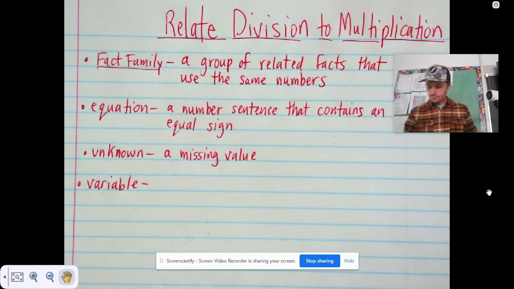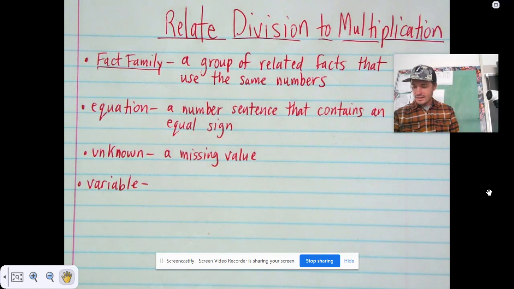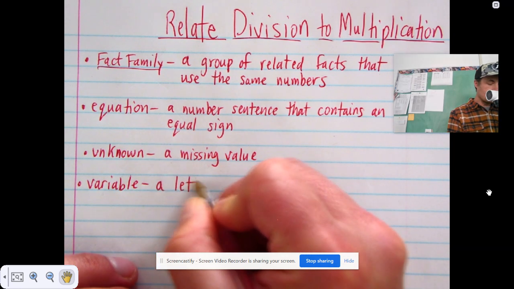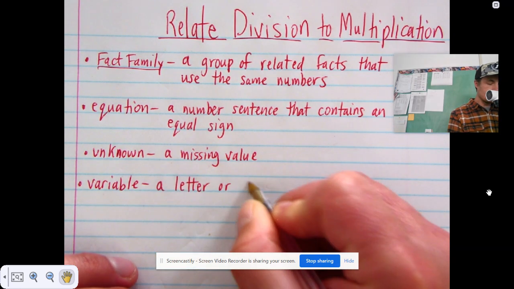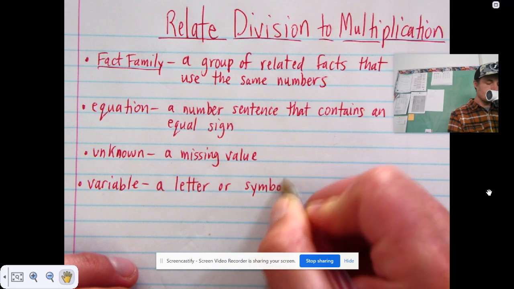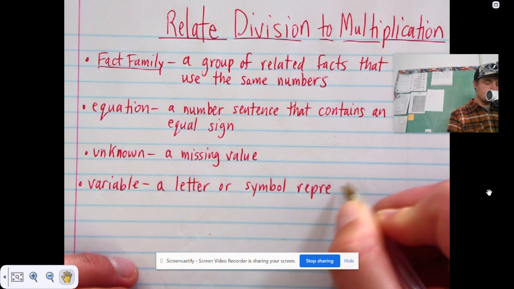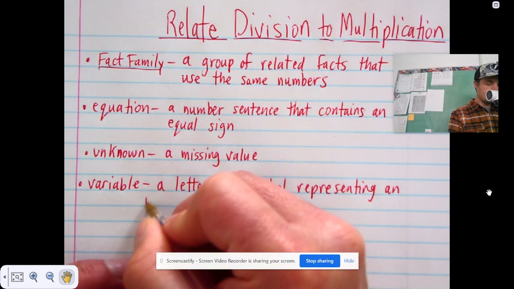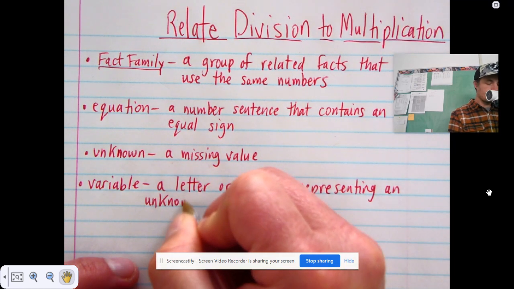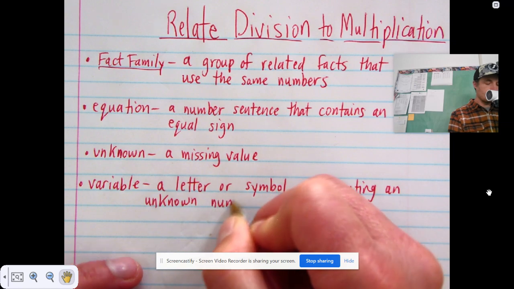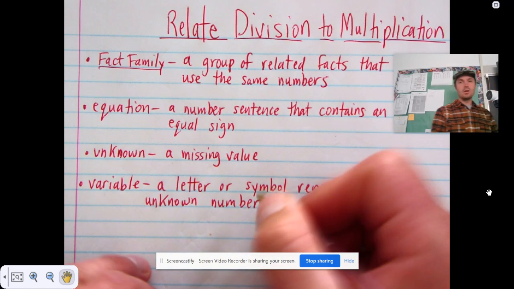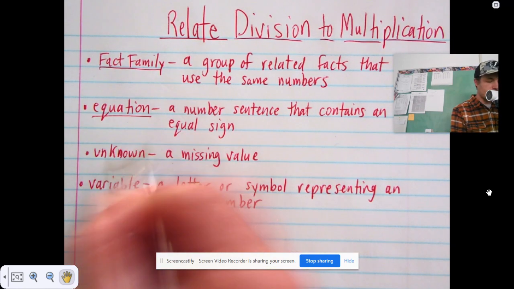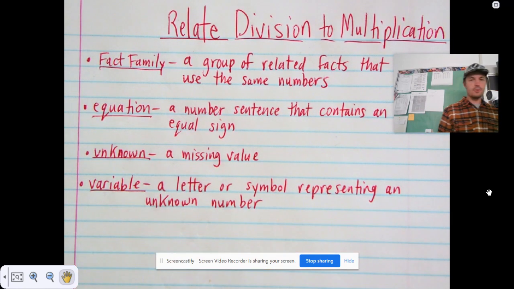A variable is a letter or symbol representing an unknown number. Those are your four vocabulary words for this lesson: fact family, equation, unknown, and variable.